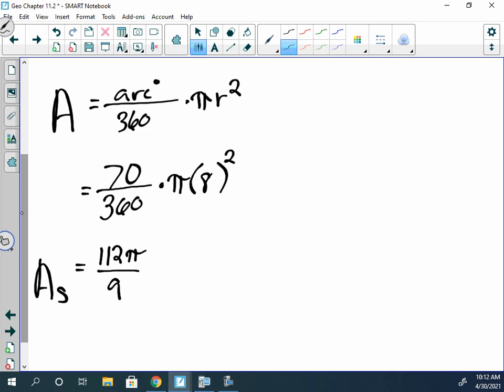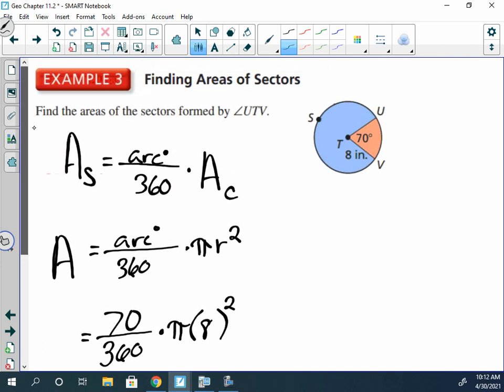Any questions over this here so far? Now it did say find the areas. Yes? Well, the other area would be the one in blue. So the 112 pi over 9 would be our area of the red segment.